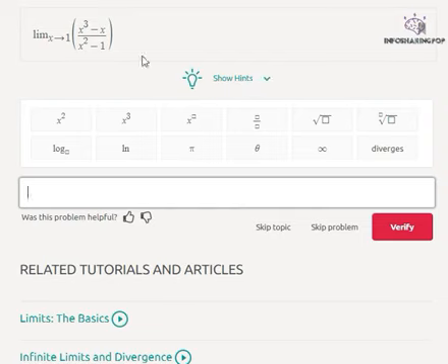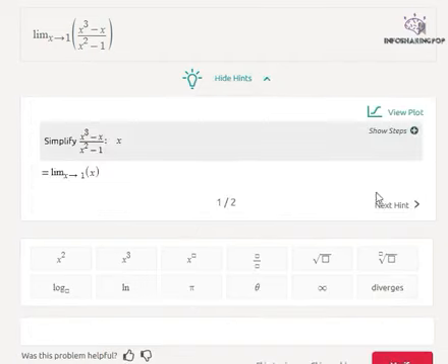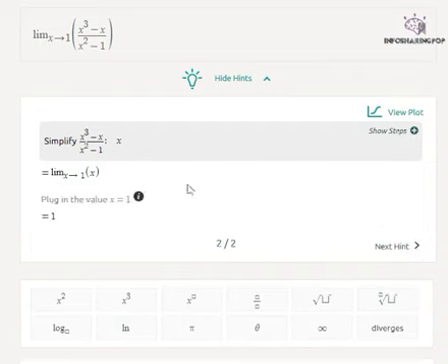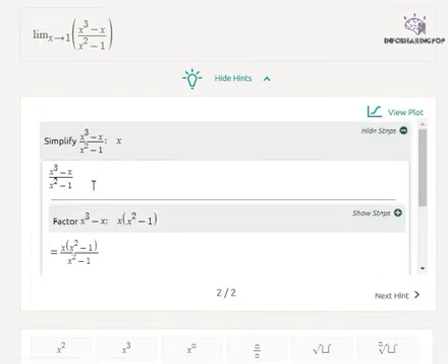Now in this question, the power above is bigger than below, and this is a good sign that you can use the denominator as part of the factors. What we can see over here is that above is x to the power 3 minus x.